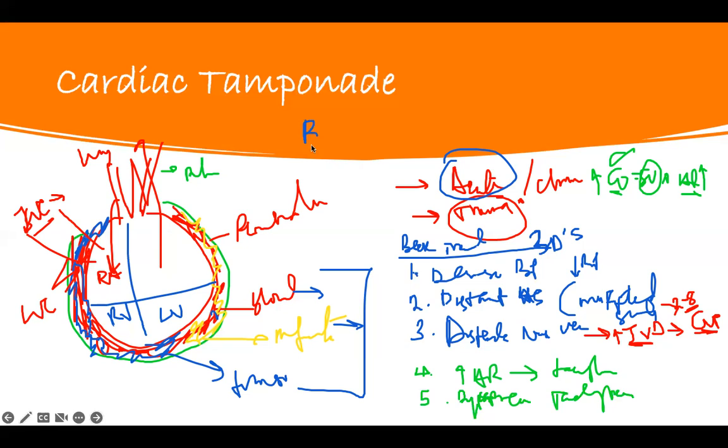So if this is your BP, usually you have systolic blood pressure over the diastolic blood pressure. Well, the diastolic, there's a lot of blood in it now, because the heart is not pumping blood out. So most of the blood is staying in the heart. It's the systolic blood pressure that decreases.